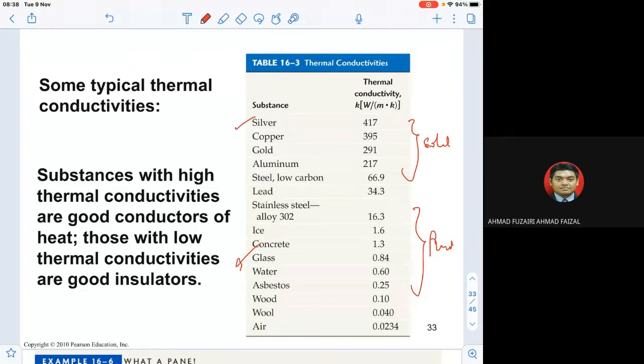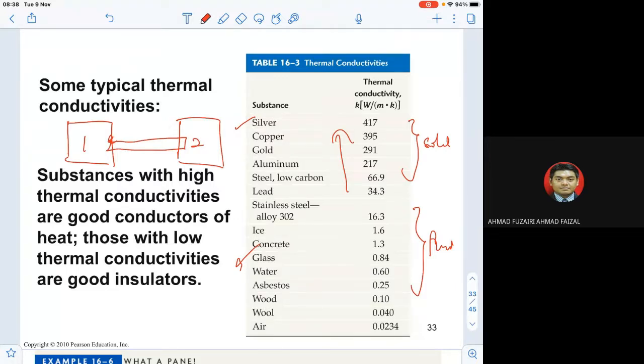That means if you have object number one and object number two and you want better thermal conductivity, you need to choose materials from the upper part of the table, like copper, gold, or aluminium, which give better transfer of heat.